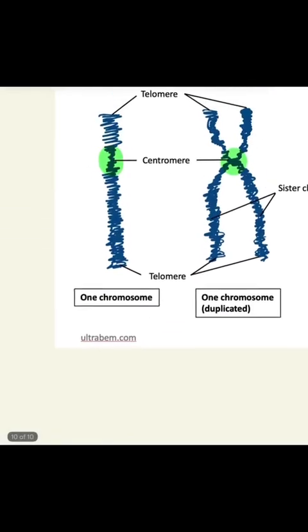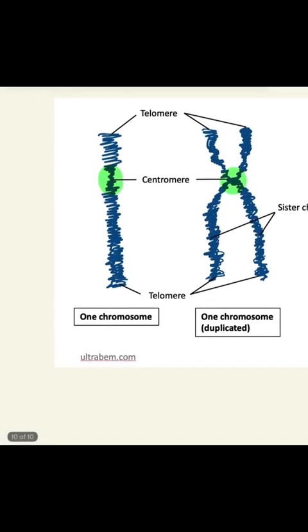All right. Now, if we go back up to this one, so now we're just looking at one chromosome. There will be sections on this chromosome that will code for different traits. Okay. So on this one, that section of DNA might code for eye color.